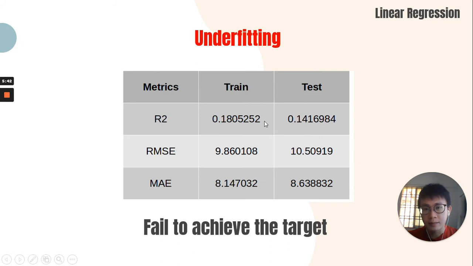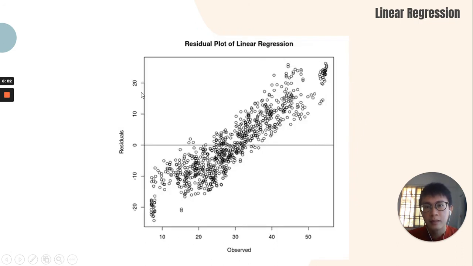It's only 0.18. We can also see a similar trend in the RMSE and MAE. As you can see, the error is very high. So it's not a suitable model for this data set. From the residual plot, we can also say that linear regression does not fit the data, especially at the lower end and upper end of the data.